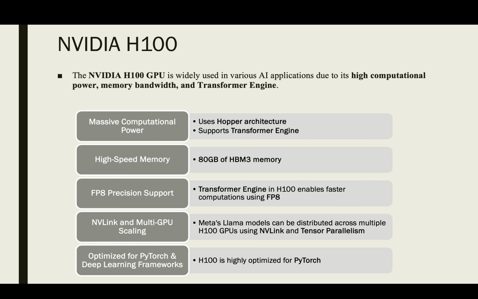Then, optimized for Python, PyTorch and deep learning frameworks. H100 is highly optimized for PyTorch, which Meta uses for Llama training and inference.